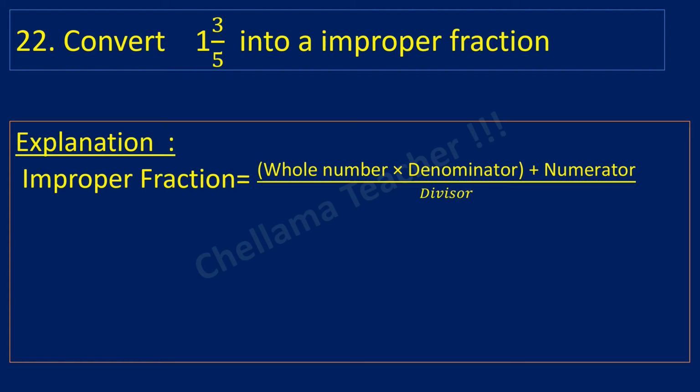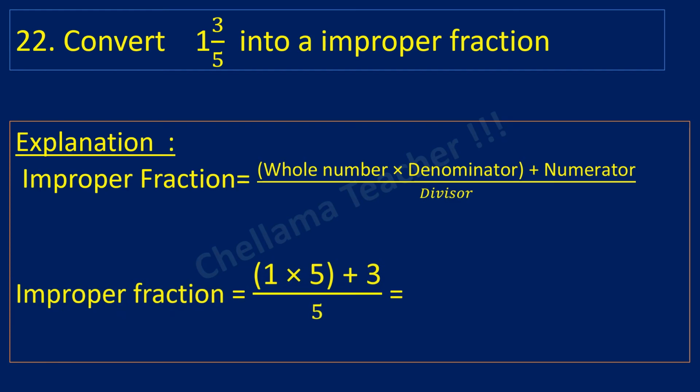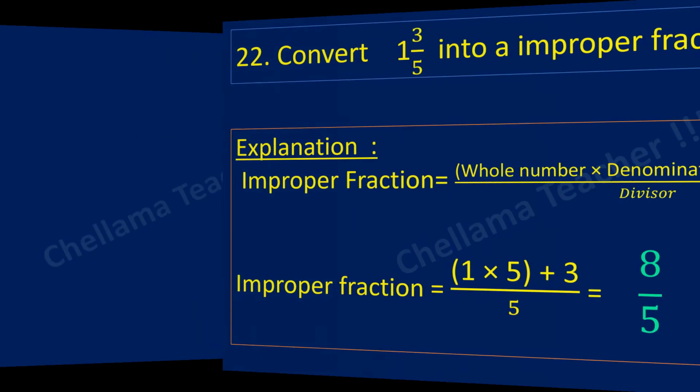So here the denominator 5 is to be multiplied with the whole number 1, and the product is to be added with the numerator 3. 1 times 5 plus 3 is equal to 8, and the divisor, the denominator, is 5. So the final improper fraction is 8/5.